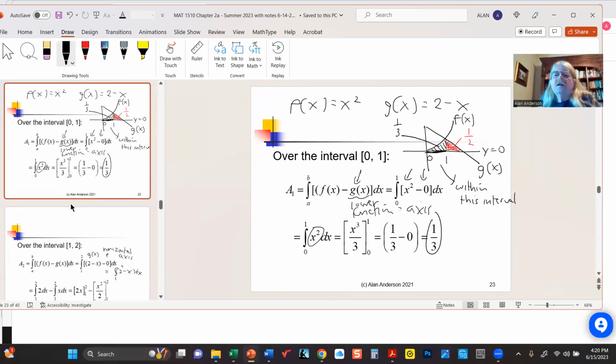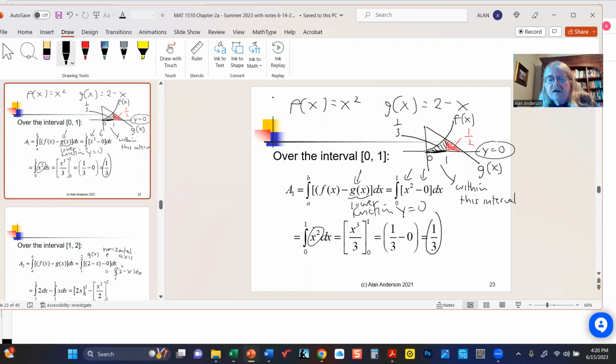It would be different if we're looking for the areas between them, but instead, from 0 to 1, we need f of x minus the axis. And so that has a value of 0. In other words, the horizontal axis has a value of y equals 0.